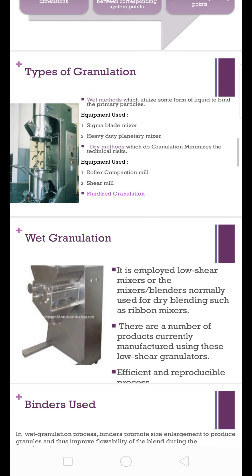The equipment used is the sigma blade mixer, which we have studied in our junior classes, and the planetary mixer for semi-solids. Dry methods which do granulation and minimize the technical risk use the roller compactor, shear mill, and fluidized granulation.